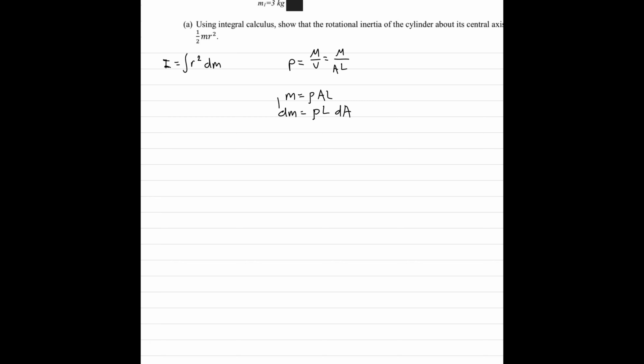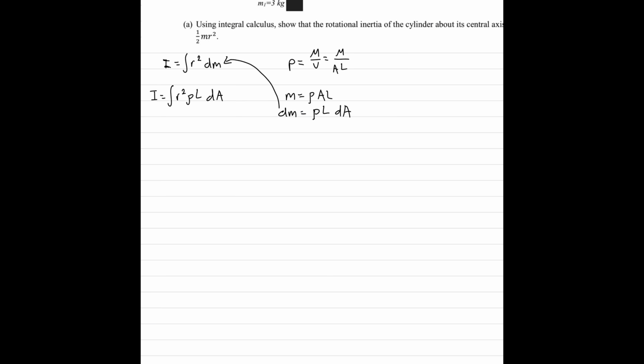So now we have this formula, we can plug it into dm. So I is equal to the integral of r squared rho l dA, right?